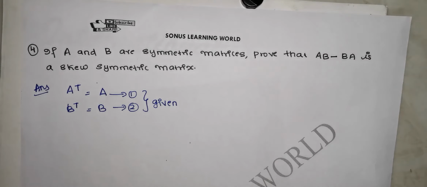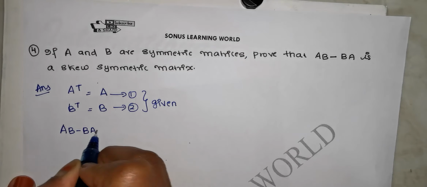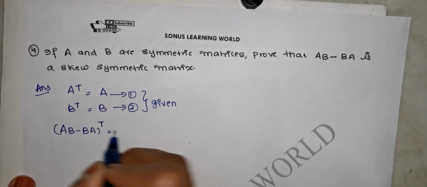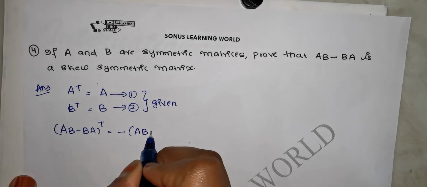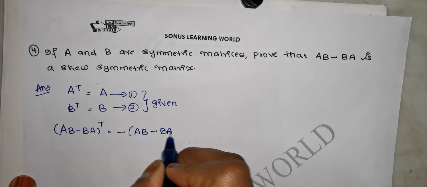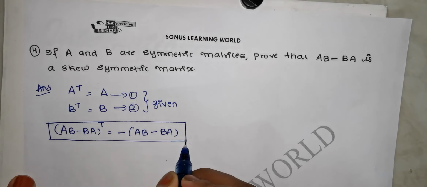So what we have to prove: AB minus BA is a skew symmetric matrix. What is a skew symmetric matrix? If I take the transpose of AB minus BA, I have to get minus of AB minus BA. That is a skew symmetric matrix. What is a skew symmetric matrix, students?